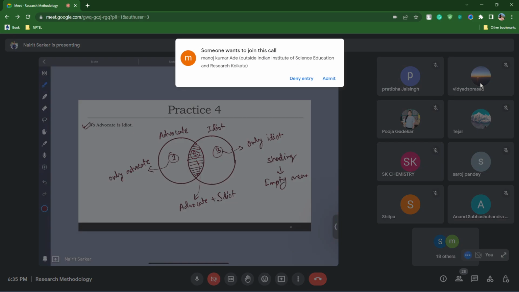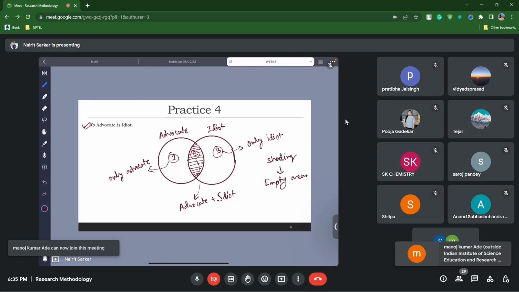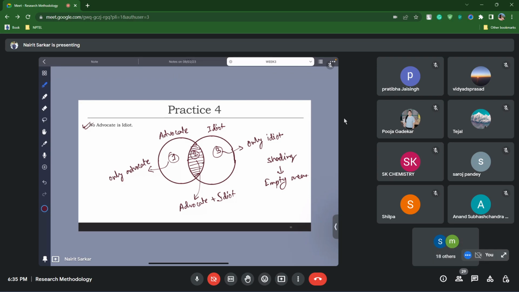Anyone having any confusions regarding how to draw a Venn diagram? I will wait for another 1 or 2 minutes for confusions regarding each type, meaning A, E, I or O. No, advocate is idiot, A, E, I or O. No one knows.